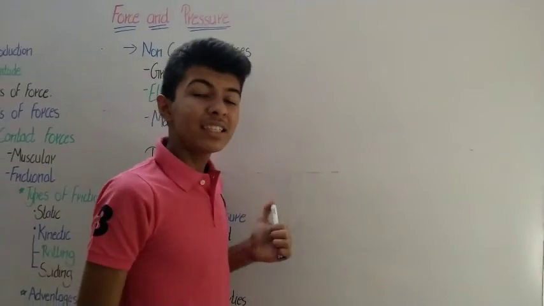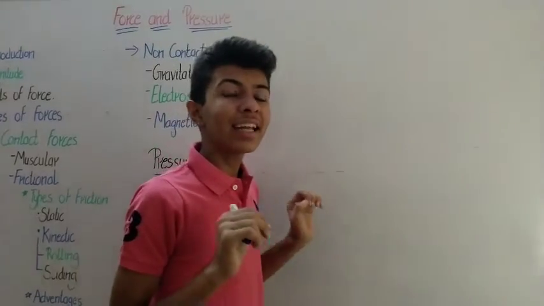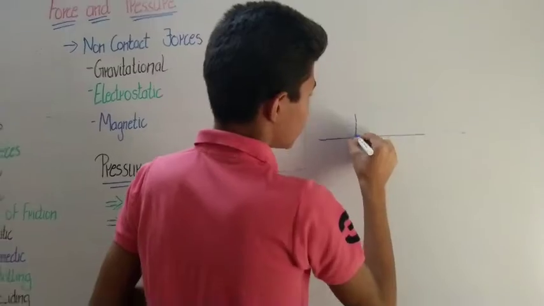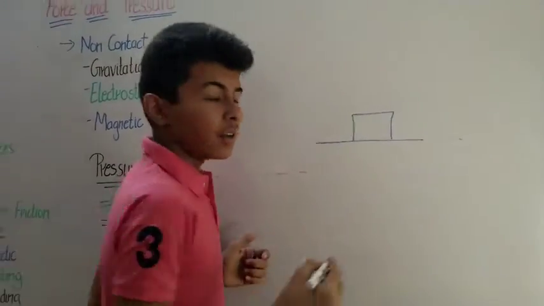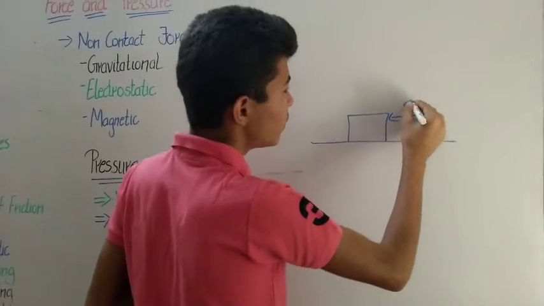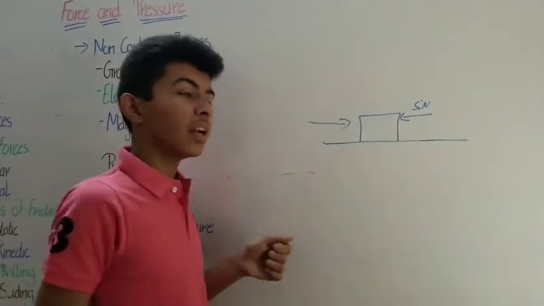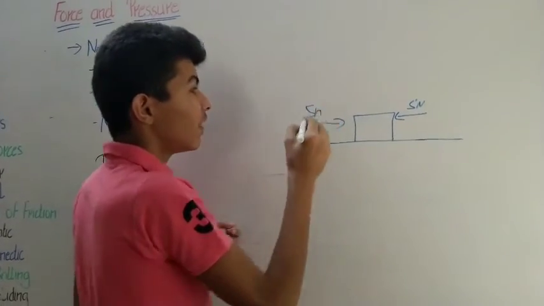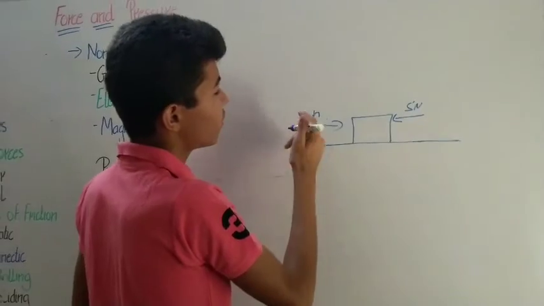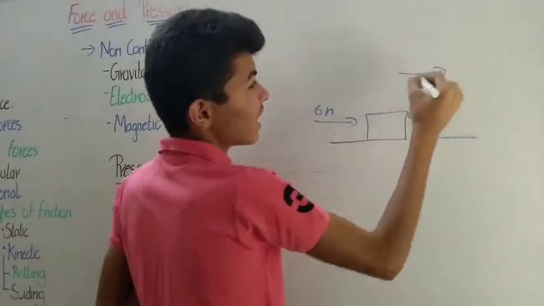Now let's take the opposite scenario, in which both forces act in opposite directions. I have a block placed on ice, and I am pushing with 5 newtons from here while an equal person is pushing from the opposite side. We will see that the block is not moving at all, but if this person slightly increases the force, the block starts moving in this direction.